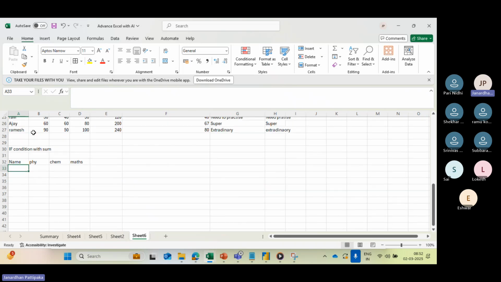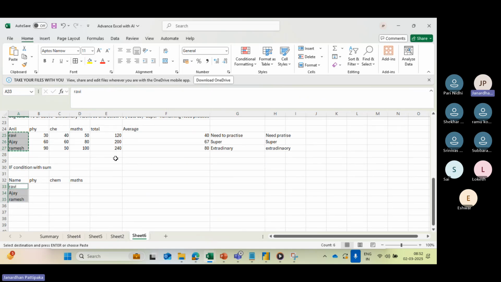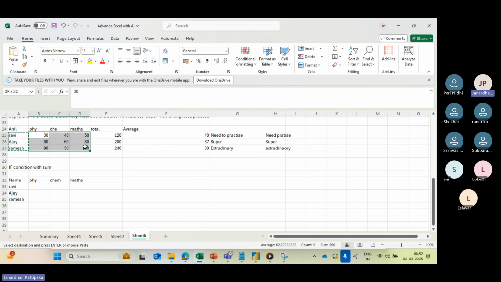I'm taking the same values over here, the marks of these three persons: 30, 40, 50, 90, 50, 100. So I will take the same marks over here.